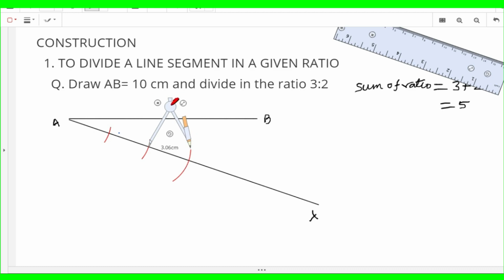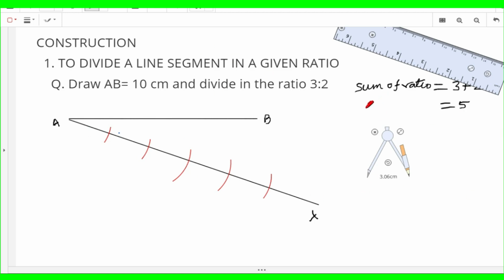Similarly you have to take 5. So like this we have taken the 5 arcs, 1 2 3 4 5, and all these are of equal lengths.